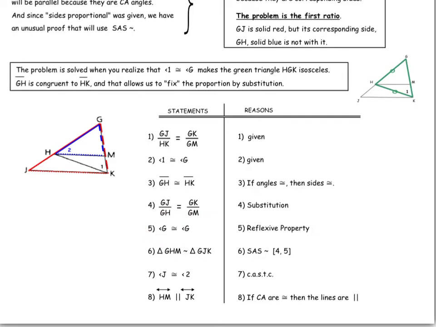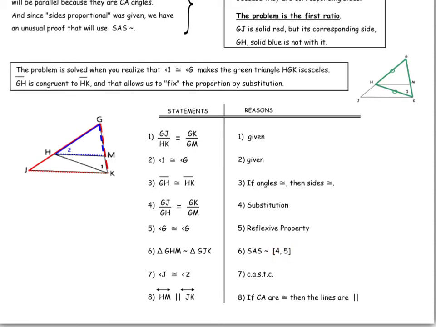So we have that the triangle GHM in blue is similar to the triangle GJK in red by SAS proportional. And I showed you that I used step 4, the correct proportion, and step 5, the angle in the middle. This is optional. You don't have to put it in if you don't want to.